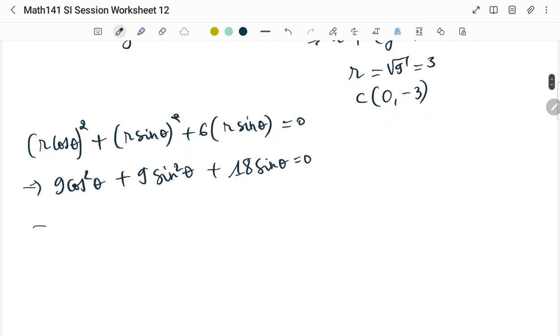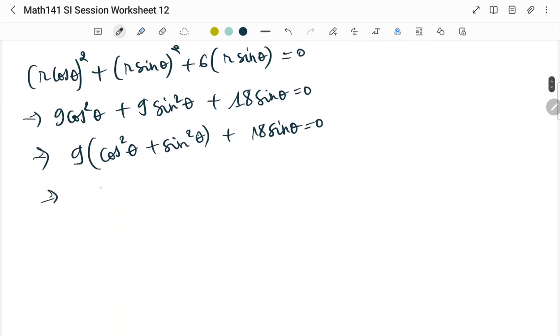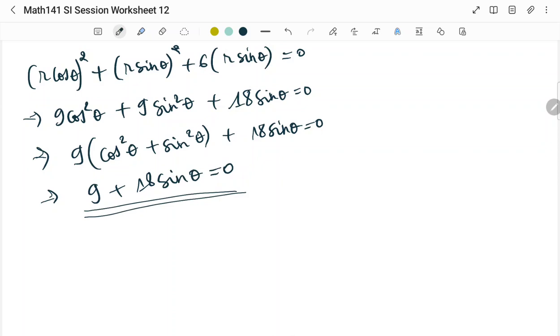And that will just give us, if we simplify further, 9 multiplied into cos squared plus sine squared theta plus 18 sine theta is equal to 0. Alright, now we know that cos squared plus sine squared is 1. So you have 9 plus 18 sine theta is equal to 0, which is the equation in polar coordinates. Right? So that's that.